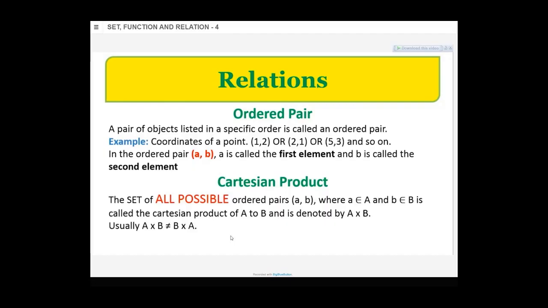Any doubt with A cross B? समझा कि एक्सप्लेन करना पड़ेगा. A का पहला वैल्यू लिया, देखो इधर, अगर डाउट भी है तो दिखा देता तो क्लियर हो जाएगा. This one I took from A, from 1, b, from 1, c.